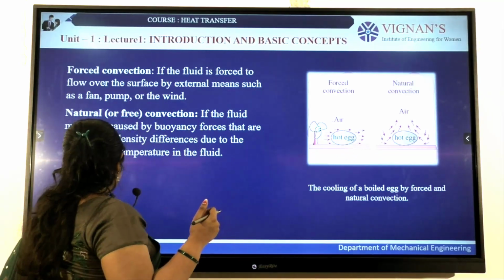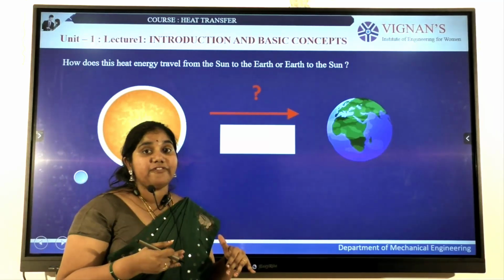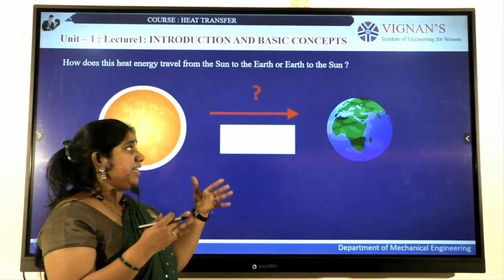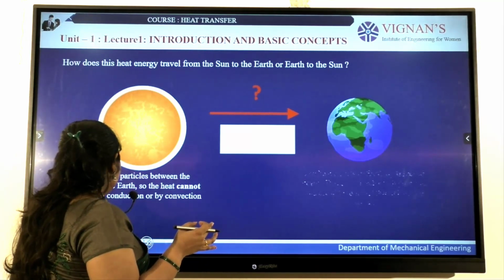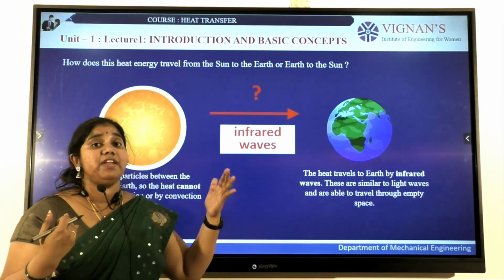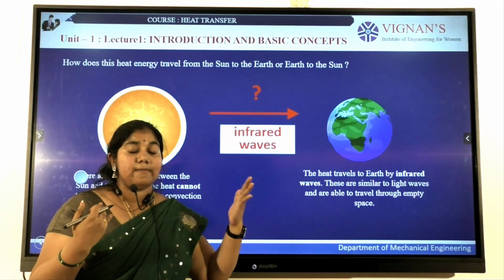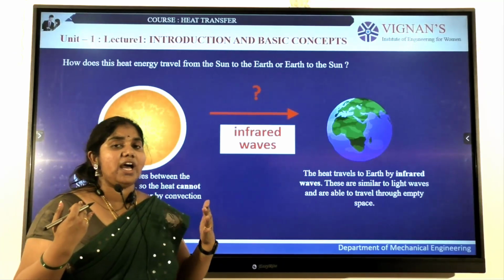Now let us see another mode of heat transfer, that is radiation. Before going to radiation, let us give a small example of the sun and the earth. We all know the sun and earth are some distance apart, but some waves come from the sun to the earth. What are those waves? Let us say they are infrared waves.